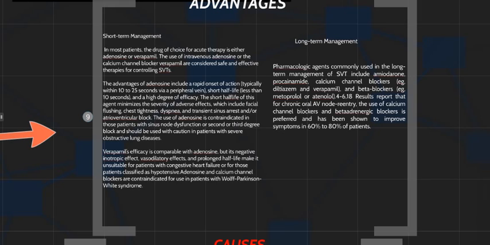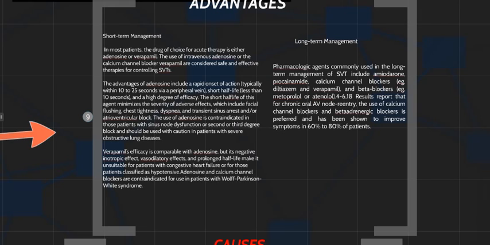The advantages of adenosine include a rapid onset of action, typically within 10 to 25 seconds via a peripheral vein, a short half-life of less than 10 seconds, and a high degree of efficacy.